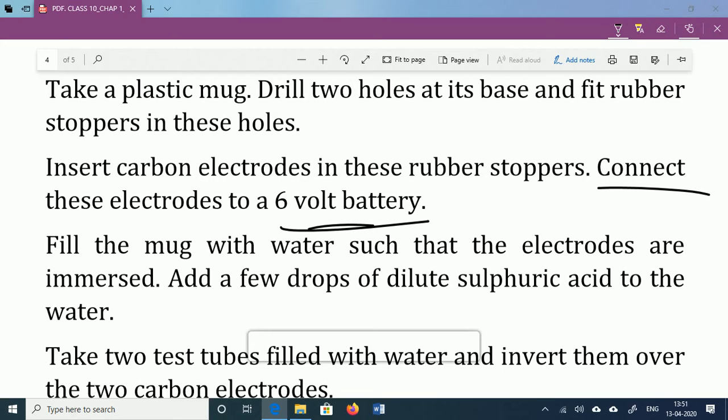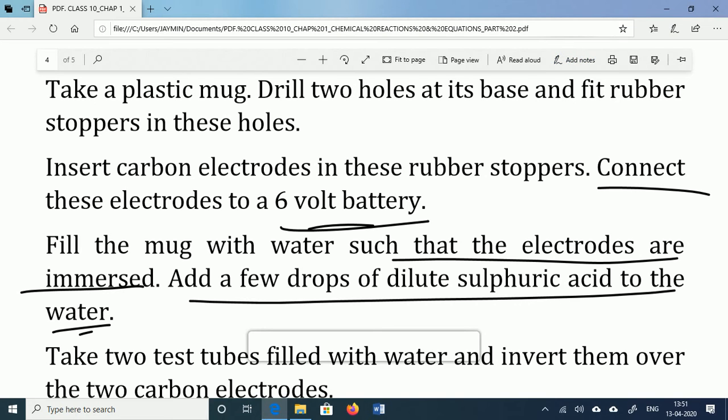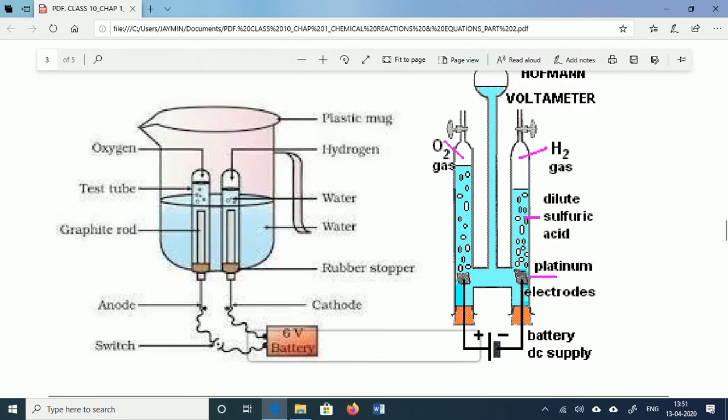Now fill the mug with water such that the electrodes are completely immersed, and a few drops of dilute sulfuric acid are added to the water. This is how we set up the assembly.